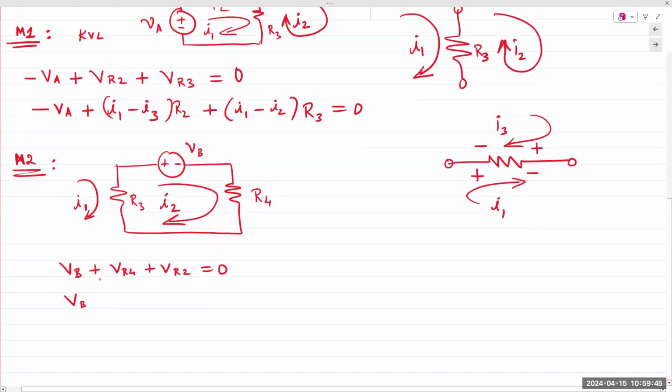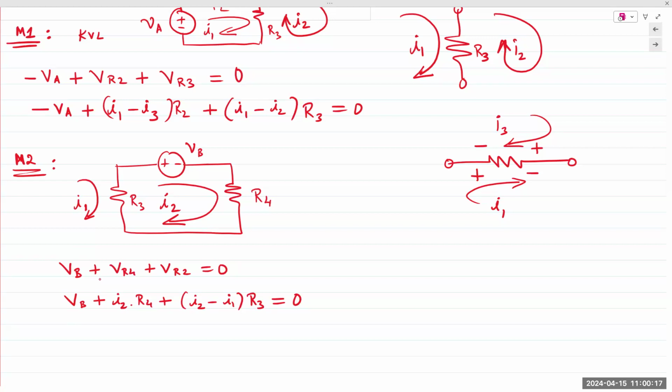R4 is not shared between any branch, so it will simply be I2 times R4, and VR2 becomes I2 minus I1 multiplied by R3 equals 0. VB is, of course, the voltage source. Oh, yes, R3, thank you.